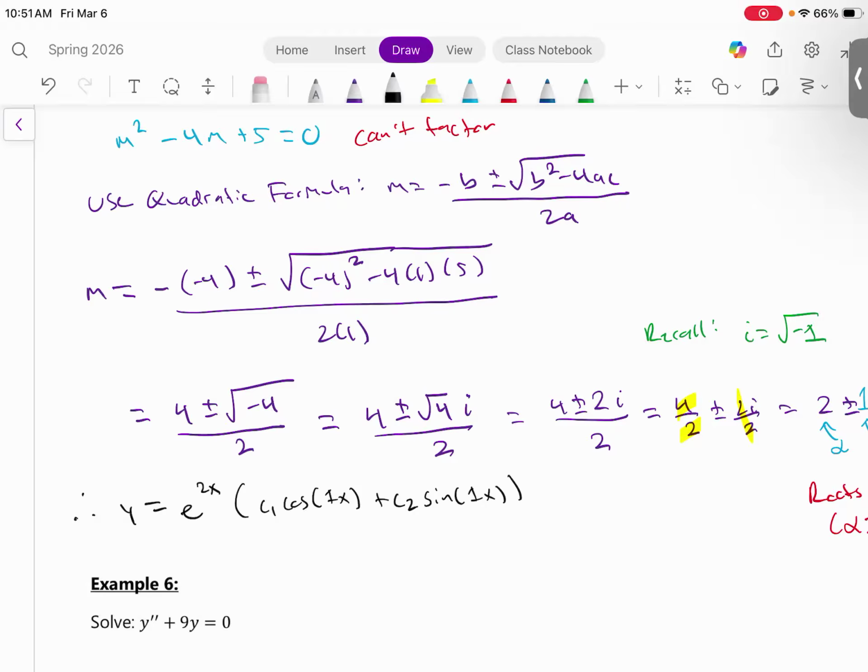If you want, it's up to you. Without the x is fine, or without the 1 is fine. But this is my alpha, beta, and beta.